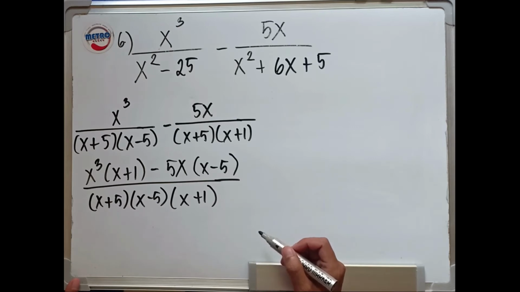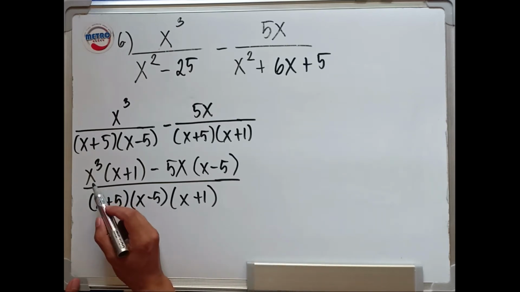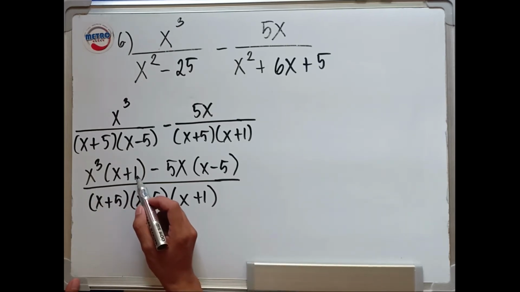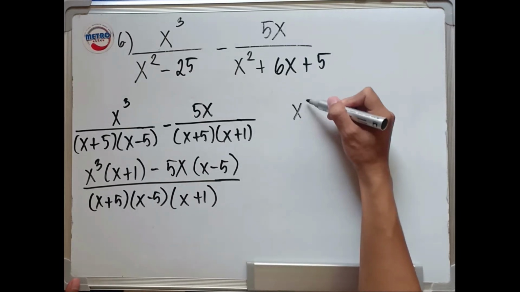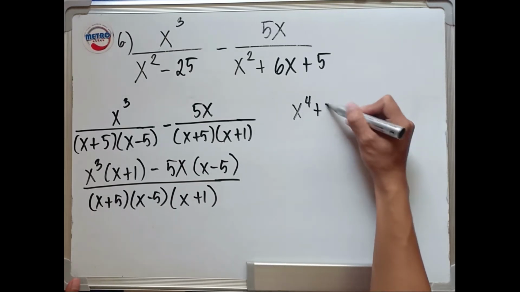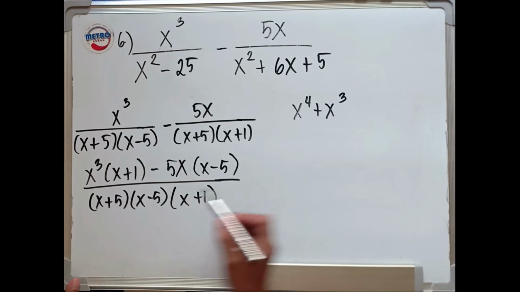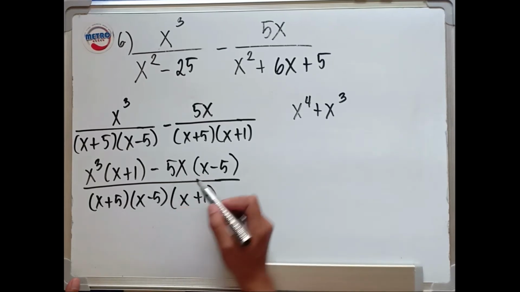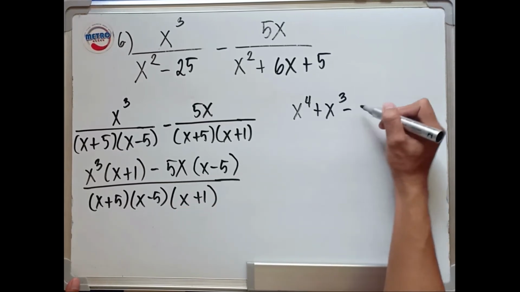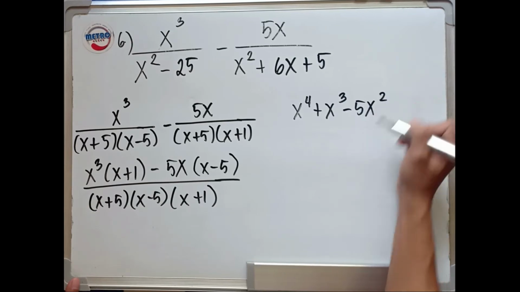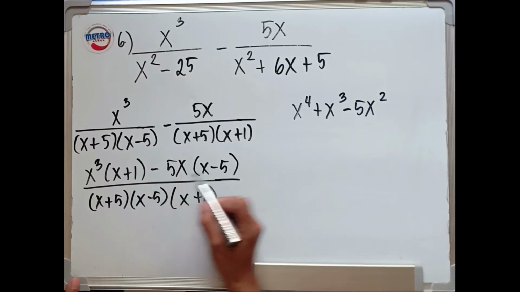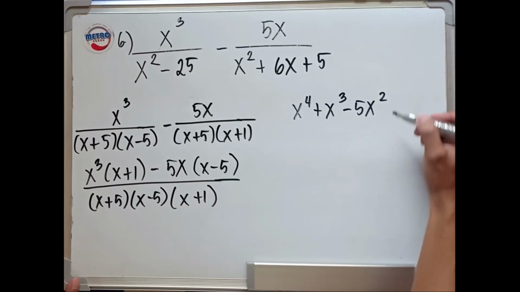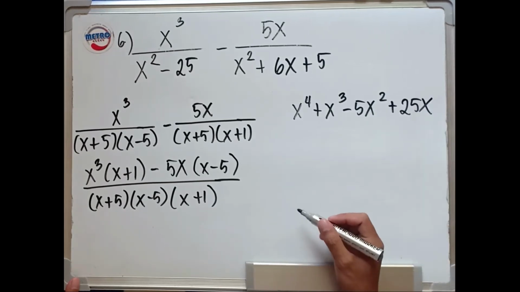Then, let us simplify. x cubed times x plus 1 will be x to the 4th plus x cubed. Negative 5x times x is negative 5x squared. And negative 5x times negative 5 is positive 25x.